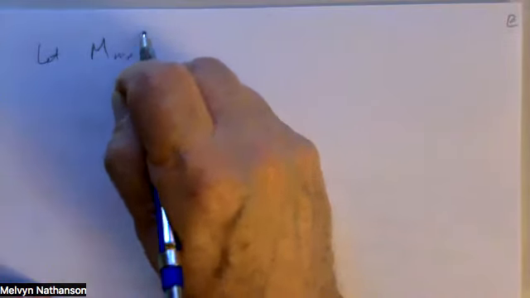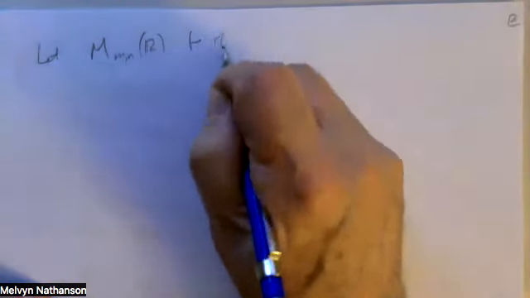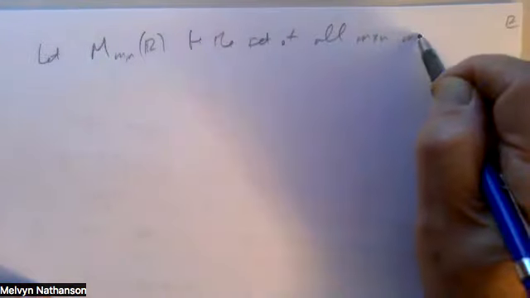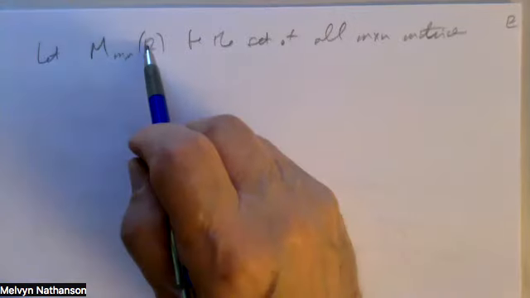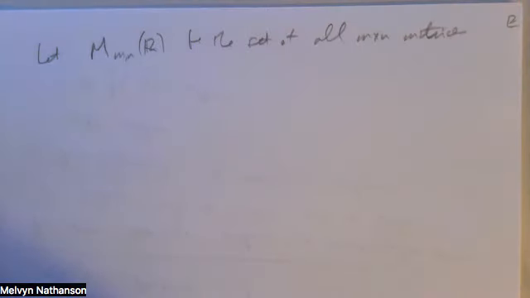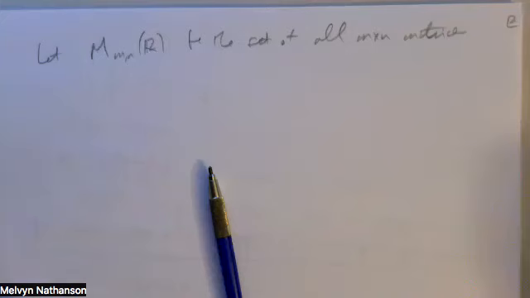So suppose we let capital M, lowercase mn of R, be the set of all M by N matrices, where the numbers in the matrix are real. So M is the number of rows, N is the number of columns, R is the scalars. We can add matrices of the same shape.